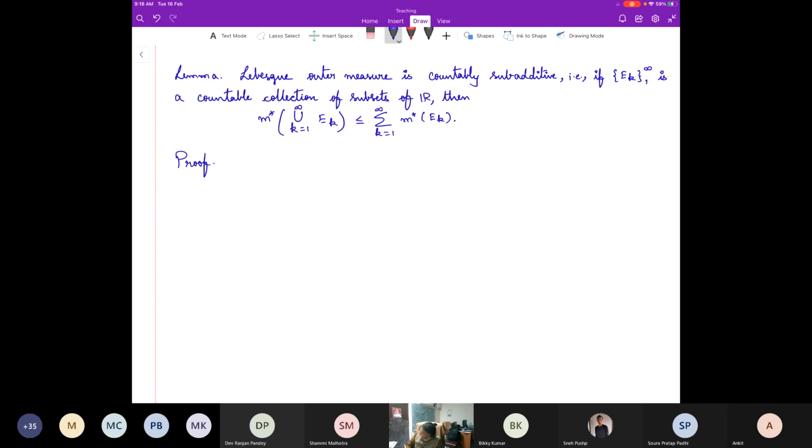But as mentioned earlier, note that if one of the sets has infinite Lebesgue outer measure, then the statement is trivially true.